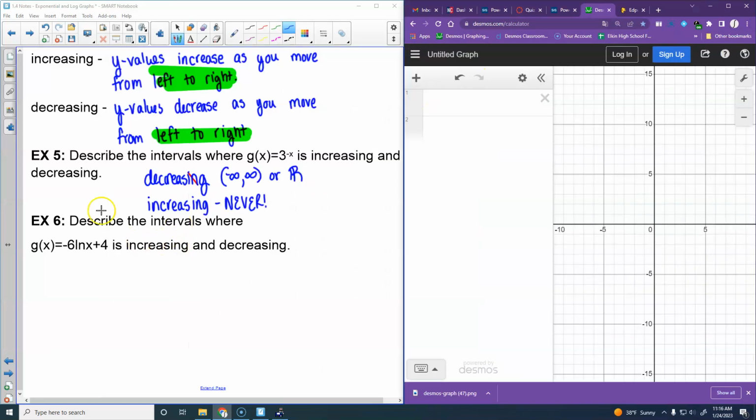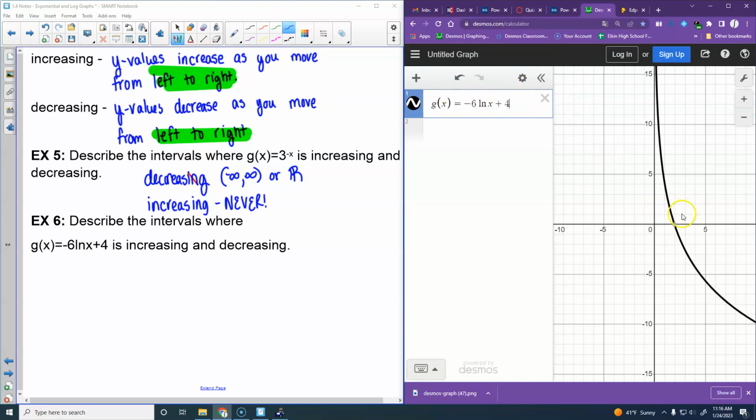Okay. All right. Let's look at a log. So I've got g of x equals negative 6 natural log of x plus 4. Notice there are no parentheses here, so this plus 4 is kind of on the end. Don't add parentheses in. It's fine the way it is.